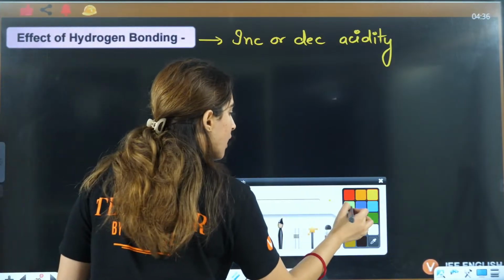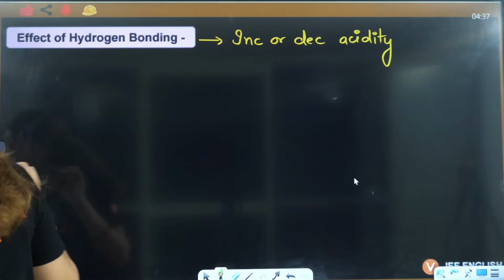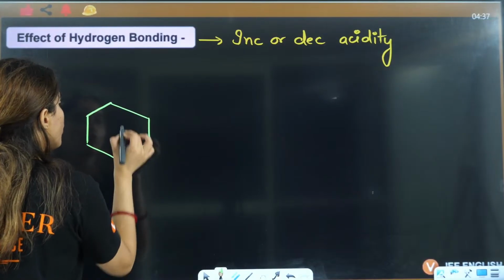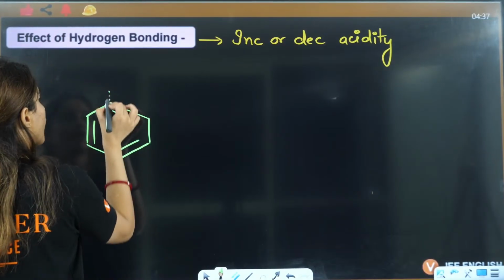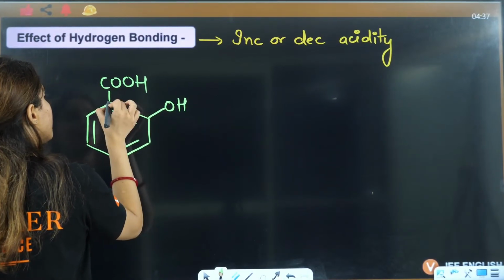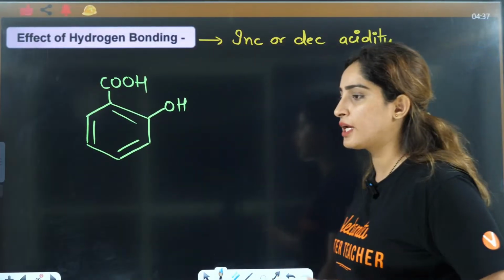So, let's talk about the first thing here, that is, let's talk about benzoic acid, which has, now tell me, will ortho effect be applied here or not? Let's see. Will ortho effect be applied here or not? These kind of, you were asking about JEE Advanced question, na?